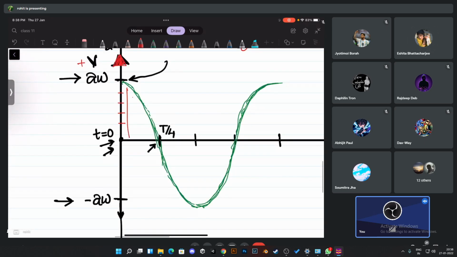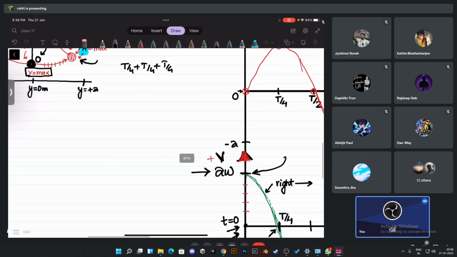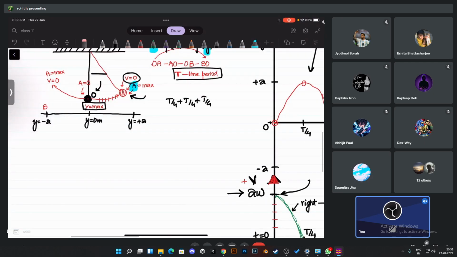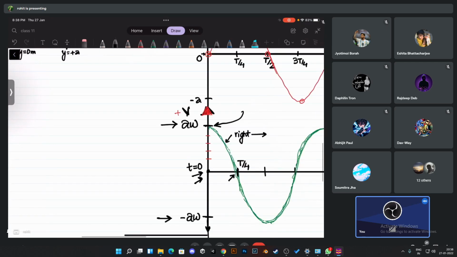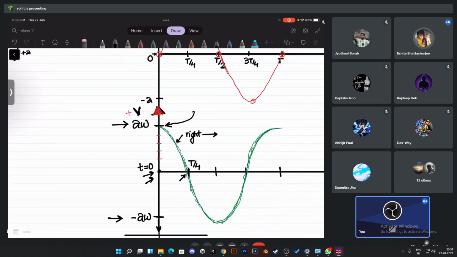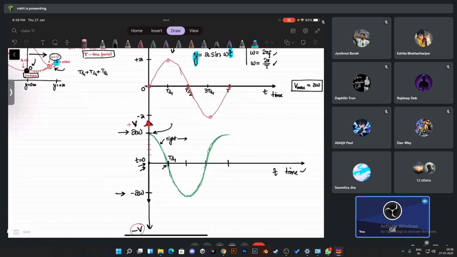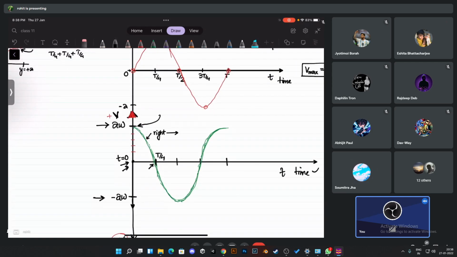So all these values of velocity are positive. And the object is going to the right or the left? Right. From 0 to T by 4 it goes to the right, so all these velocities are positive velocities. Okay, I'm done right now. I don't want to talk more than this, guys. But did you really understand what is happening?